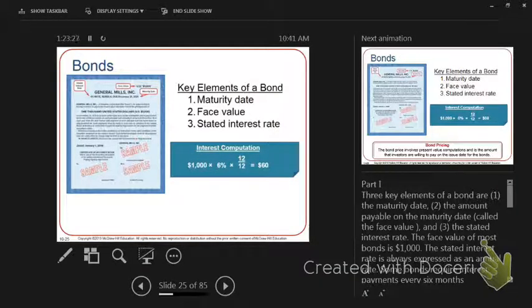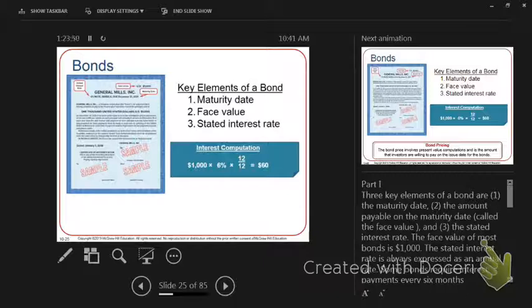And so the next thing that you need to know is, in order to figure out the interest, you take the face value times the stated interest rate. So my bond's interest is $6,000 a year. So over the life of this bond, how much interest am I going to pay?